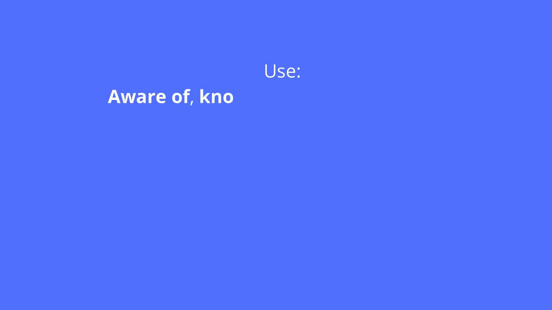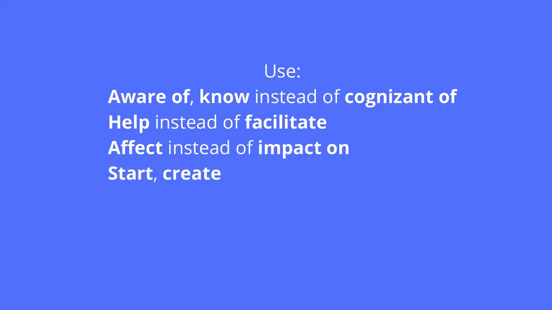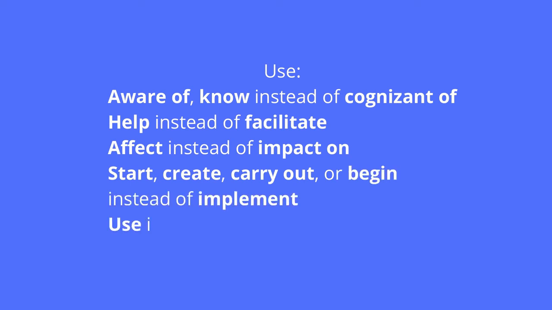You can use aware of or know instead of cognizant of. You can use help instead of facilitate. You can use affect instead of impact on. You can use start, create, carry out, or begin instead of implement. And you can use use instead of utilize, and so on.